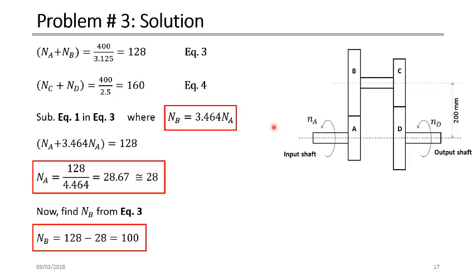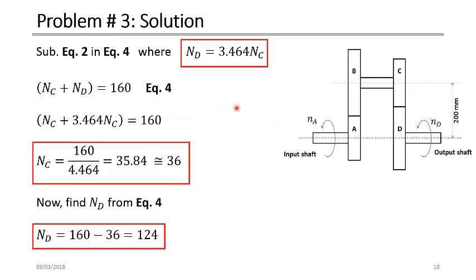We'll do the same for equations number 2 and 4. Equation number 2, the relationship between the number of teeth of gear D, is ND equal to 3.464 NC. So we substitute this equation into equation number 4, which is NC plus ND is equal to 160.